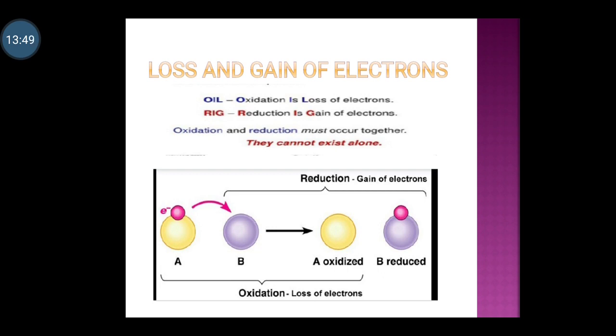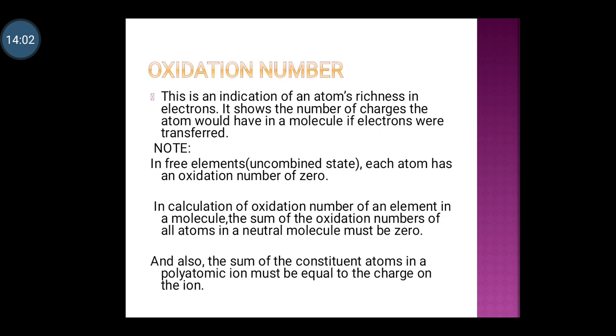All right. Let me remind you again. Oxidation, the OIL, is the loss of electrons. The RIG, reduction, is the gain of electrons. Now, let us look at oxidation number. Oxidation number, this is an indication of an atom's richness in electrons.